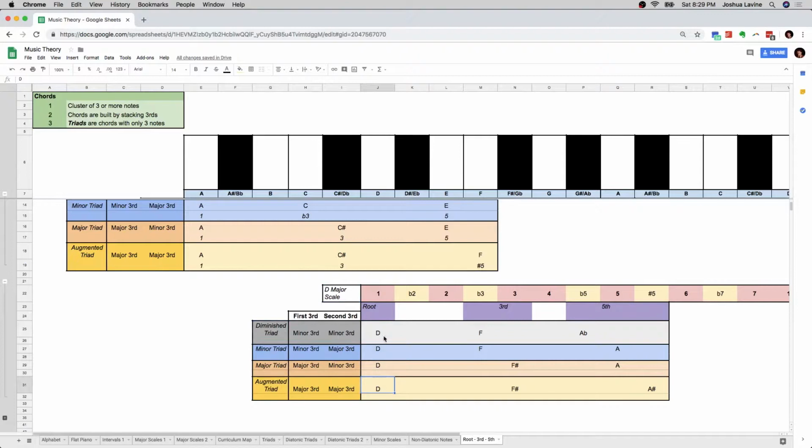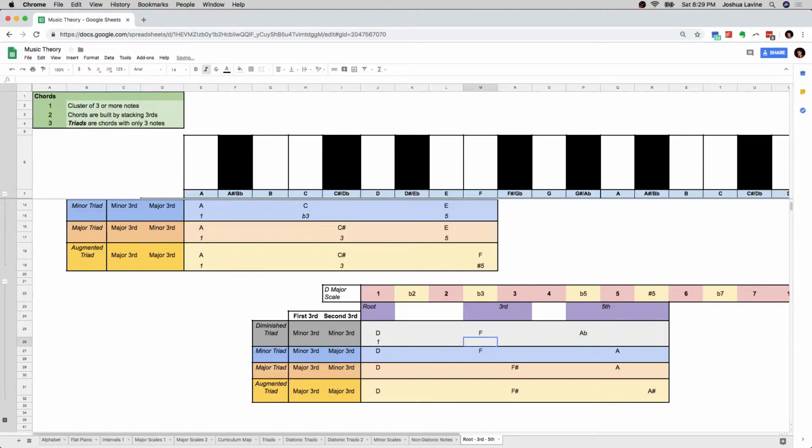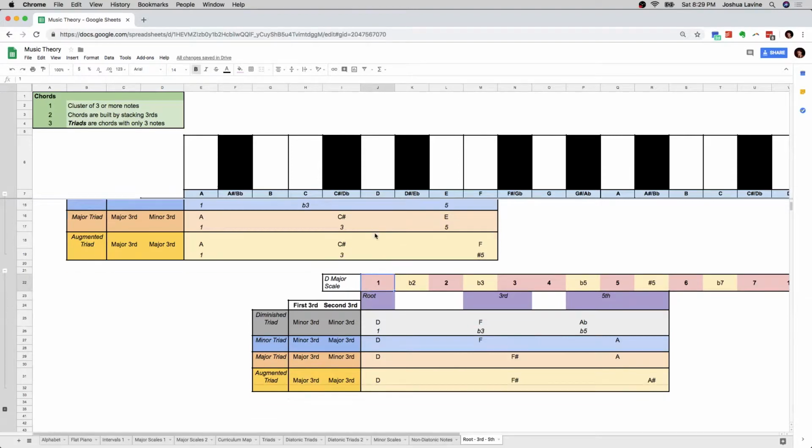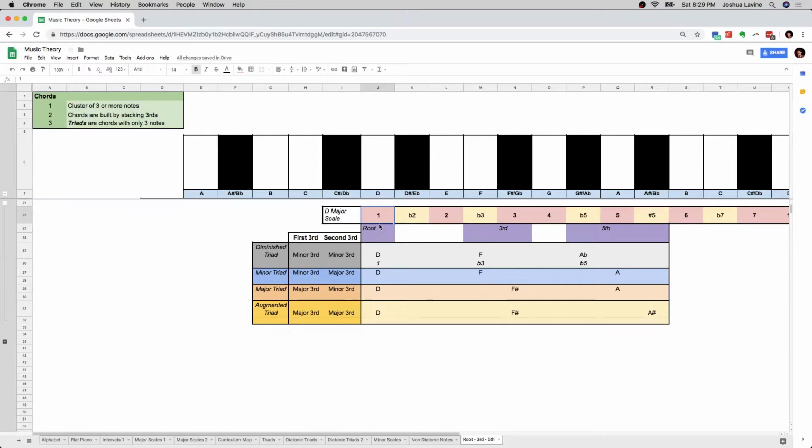So the D diminished triad is built on the 1, the flat 3, and the flat 5 of that scale. So let's write it: we've got 1, flat 3, flat 5. And let's slow down real quick. Remember, the D major scale has D, E, F sharp, G, A, B, C sharp, and then a D a little bit off screen over here.